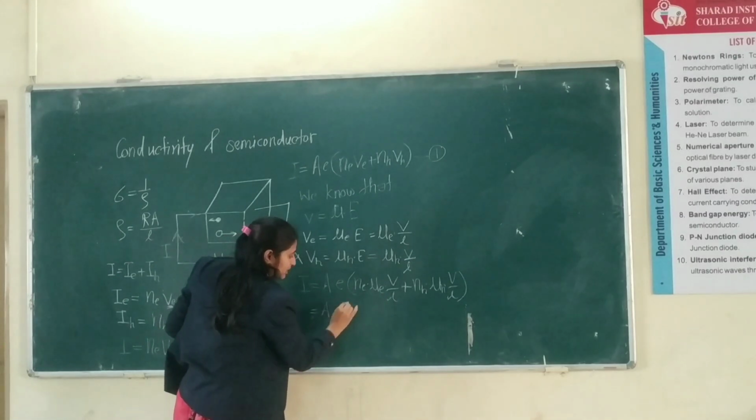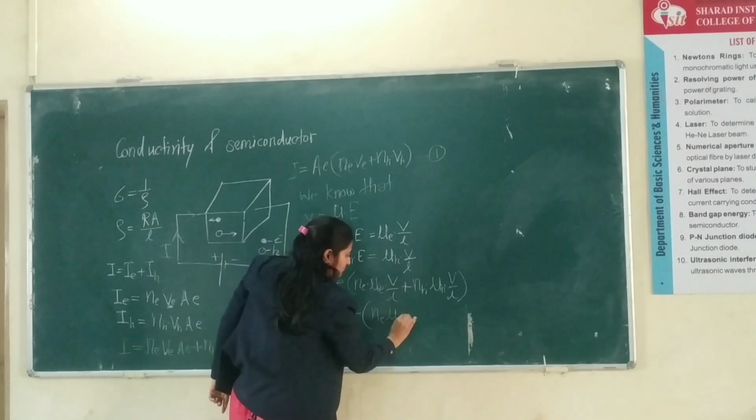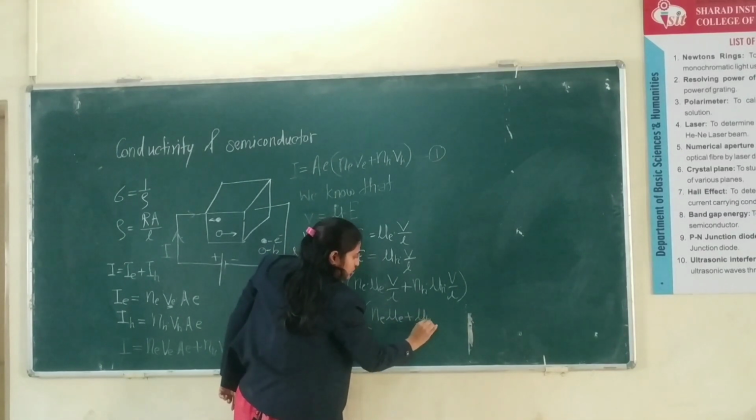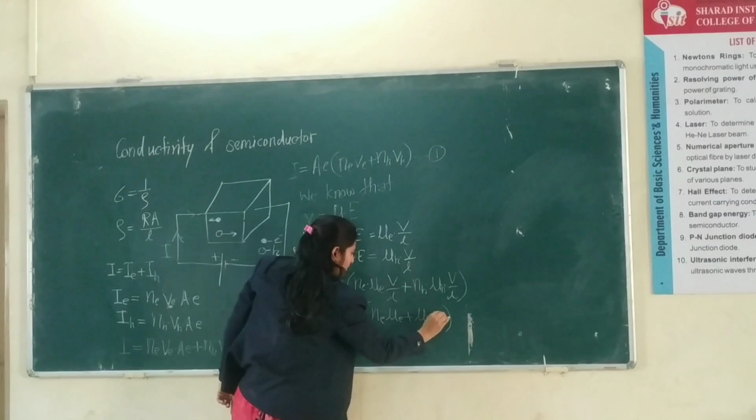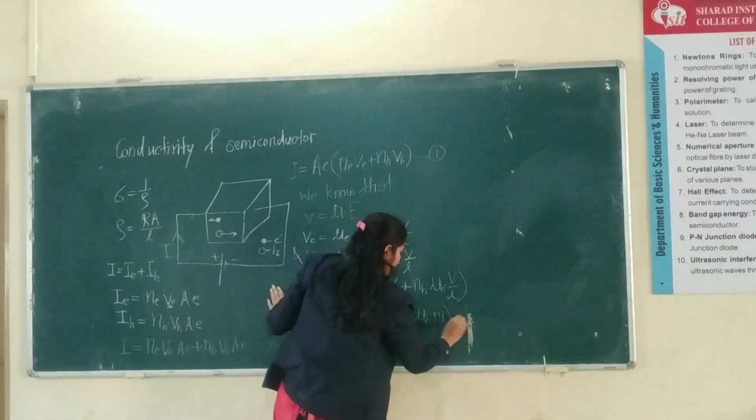So A into E V by L in bracket, we get NE mu E plus mu H NH. Write this as equation 2.